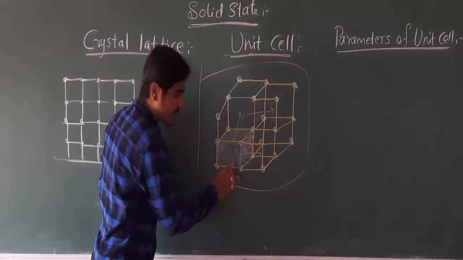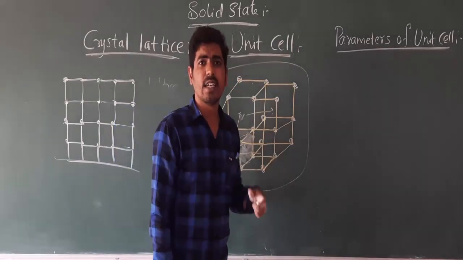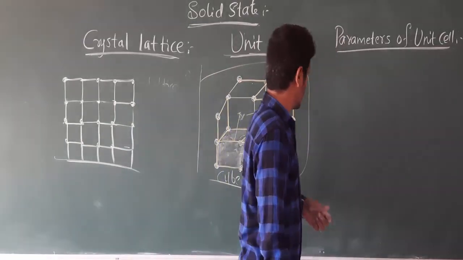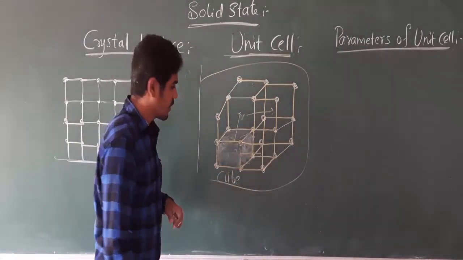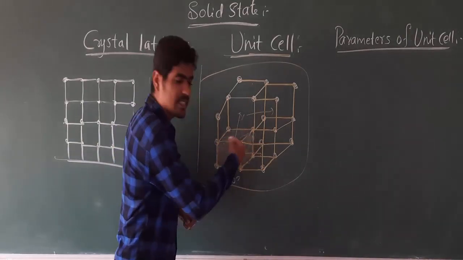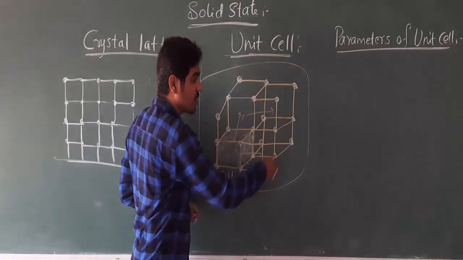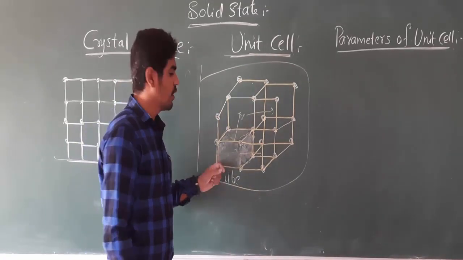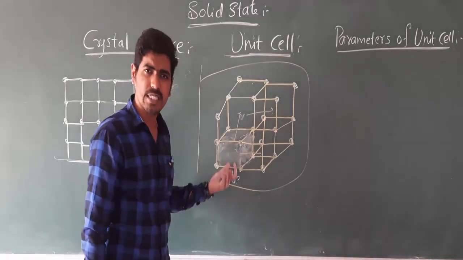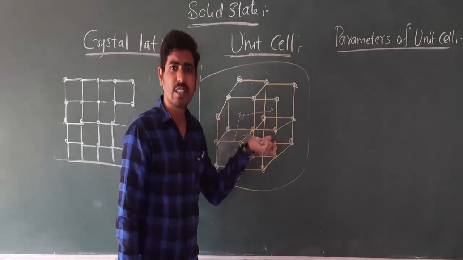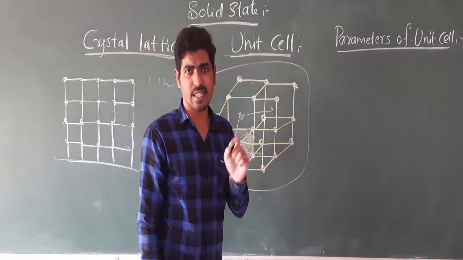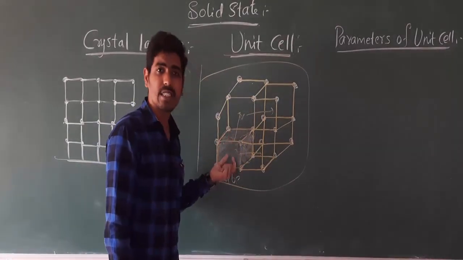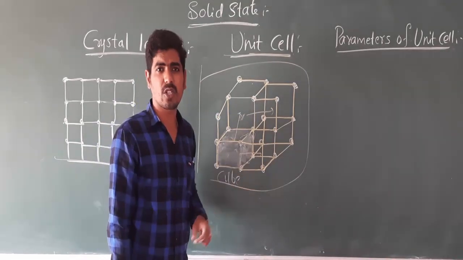Now this structure of the unit cell depends upon what parameters? Because as you can see, if the structure of this unit cell changes, the structure of the crystal will also change. It indicates that whatever the structure of the unit cell is, it gives the same structure to the crystal, because that crystal is made up of unit cells having the same structure.